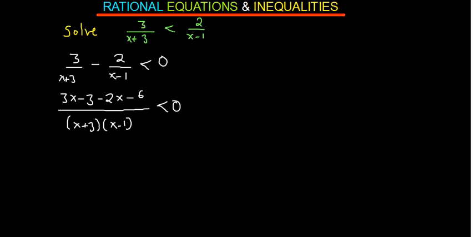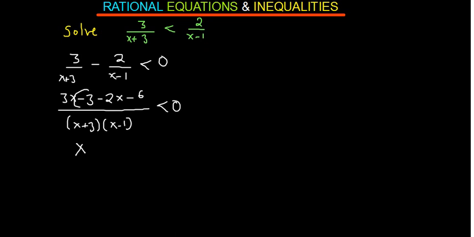Add like terms on top. We have 3x and then negative 2x. What's the answer? 3x minus 2x. Yes, x.